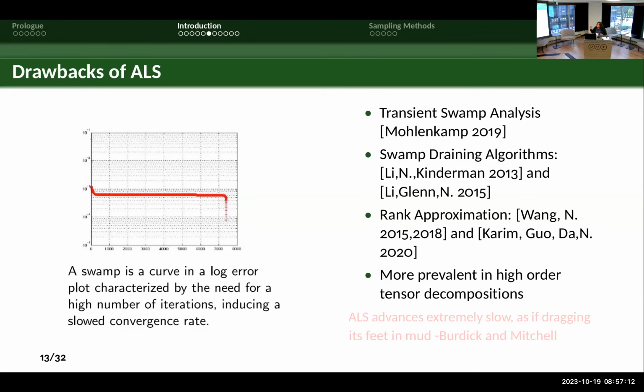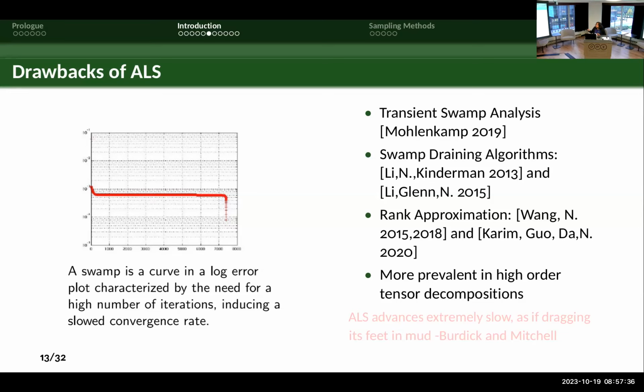Mollenkamp studied this. He studied different types of swamp. This is called the transient swamp. There's also the terminal swamp, which is not flat like this, but just slowly converges. I have an example in a later slide of what a terminal swamp is.